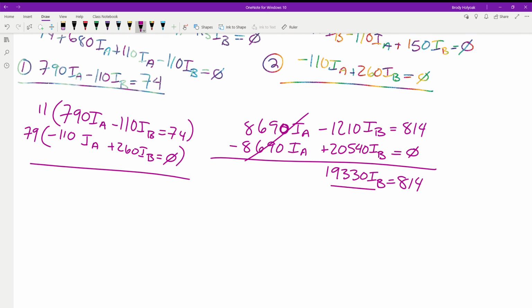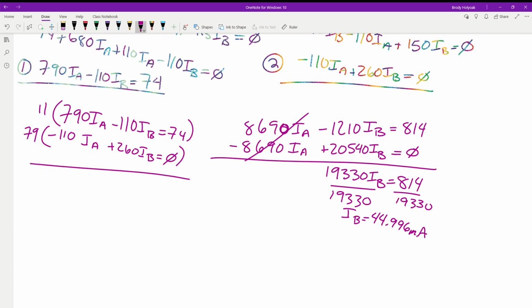We divide both sides by the 19330. IB equals, Jameson, I think you had it. It's close.